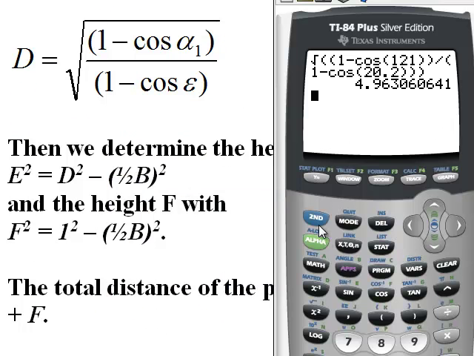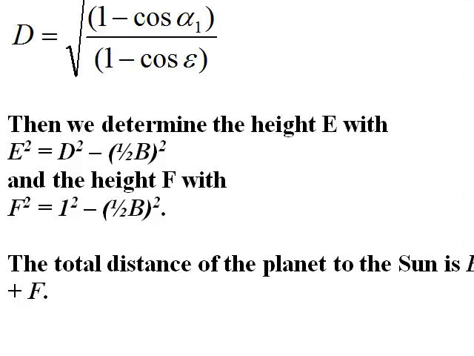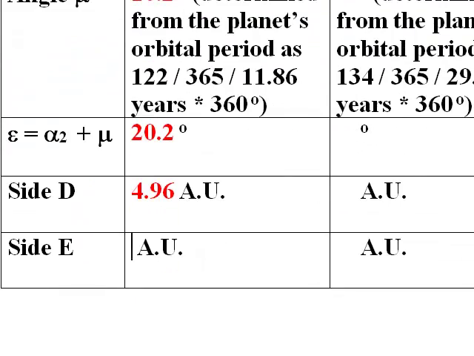Plug in the numbers, so square root of d squared, I just calculated d, still on the screen, 4.96 squared minus parentheses 0.5 times the b I had earlier, that was 1.74, parentheses squared, and the parenthesis is here for the square root. Enter. So E is 4.88.